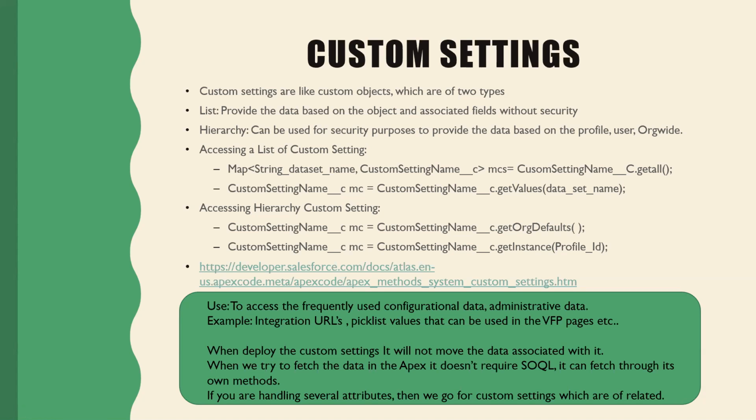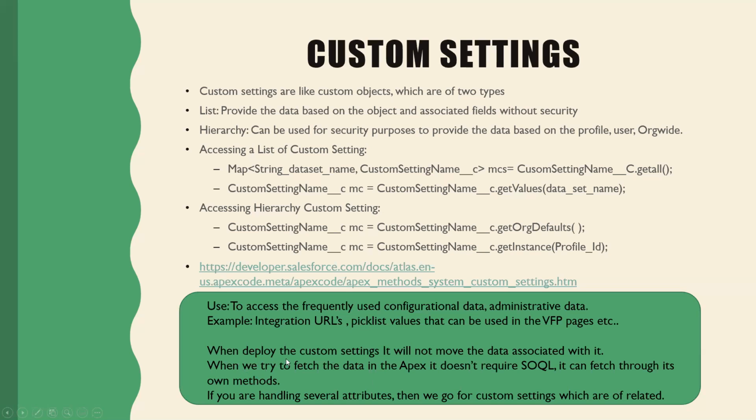To save multiple values of a similar sort, I would have to create multiple custom labels, which is a tedious job. Custom settings act like an object, so within the object we can maintain multiple records of similar information. I think that's the main advantage.